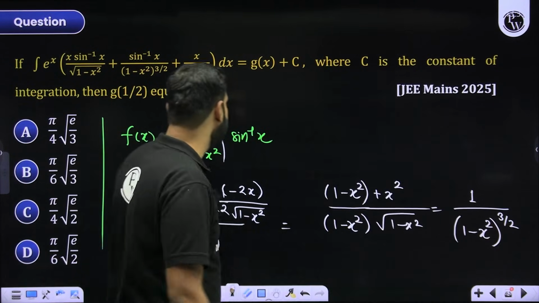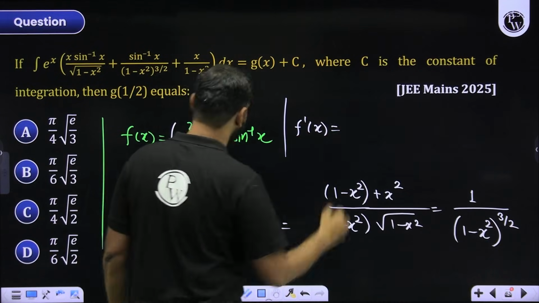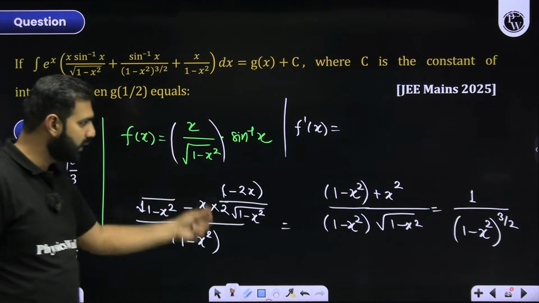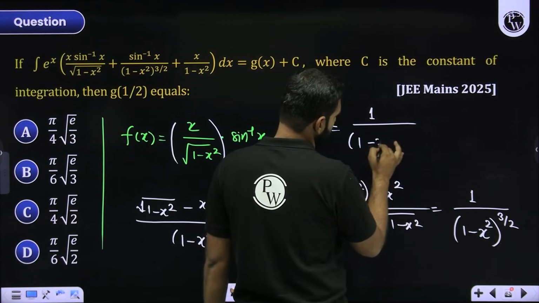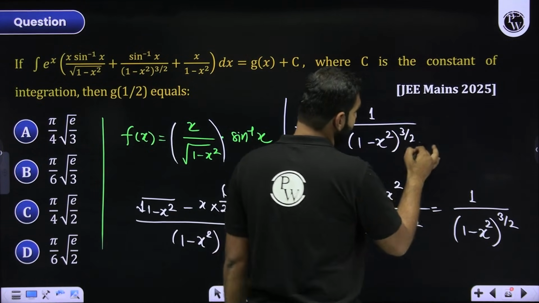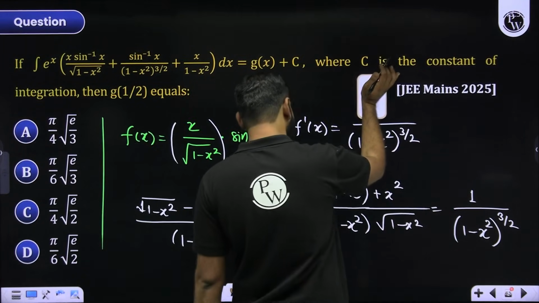So here I'll be writing the derivative of f(x), which is f dash x, as the derivative of this, which we have worked out as this, which is 1 upon under root of 1 minus x squared to the power 3 by 2, into second function as it is. Second function is sine inverse x. So I'll write sine inverse x here only.